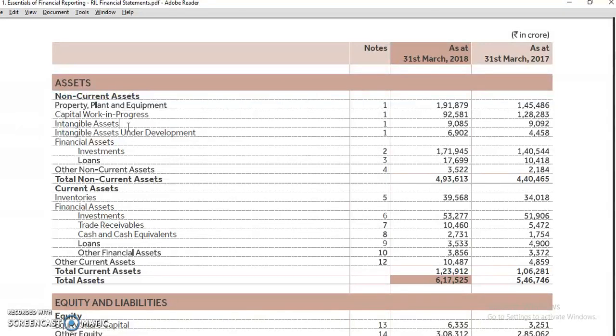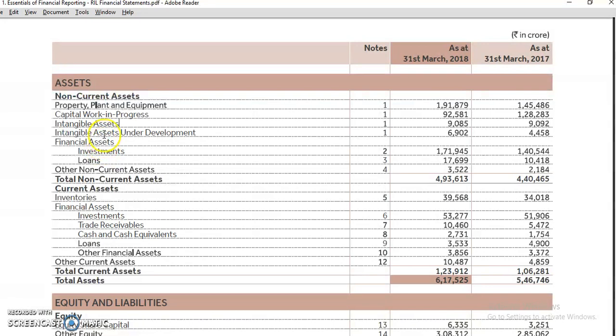The goodwill mostly comes from the acquisition of other entities, where you pay more than the book value of the company. So you are paying a premium for the future prospects of the business. That is called goodwill, in very generic terms.